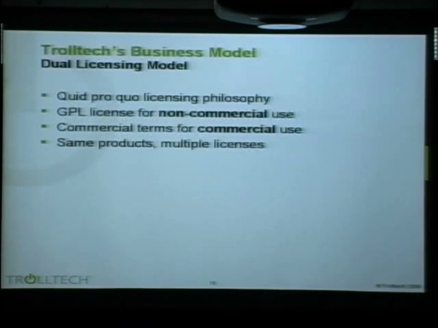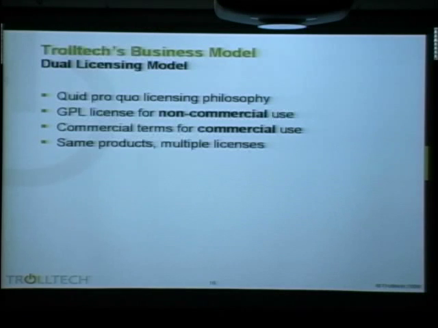What sets Trolltech apart from other companies is that we have a unique licensing model. It's similar to the MySQL licensing model. It's called dual licensing. So we have the same product that we license under two different licenses. It's a GPL license. You can use it for free. It doesn't cost anything.